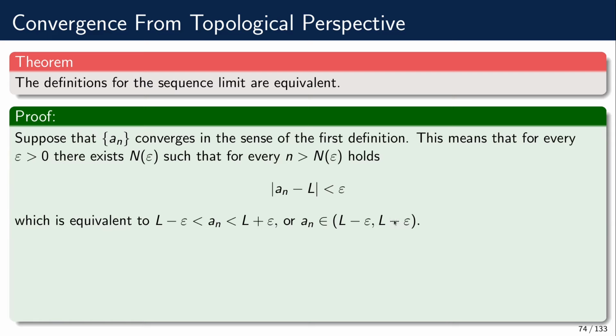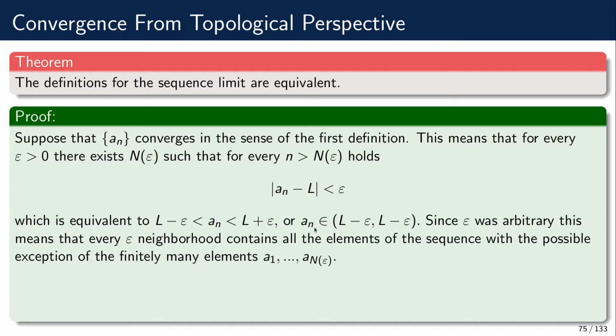Oh, sorry, it has to be plus here. It's a typo here. I will fix it. So between L minus epsilon and L plus epsilon. And therefore, this is the epsilon neighborhood of L, right? But this epsilon neighborhood contains all the elements of the sequence except maybe for the finite collection a1 up to a_N.